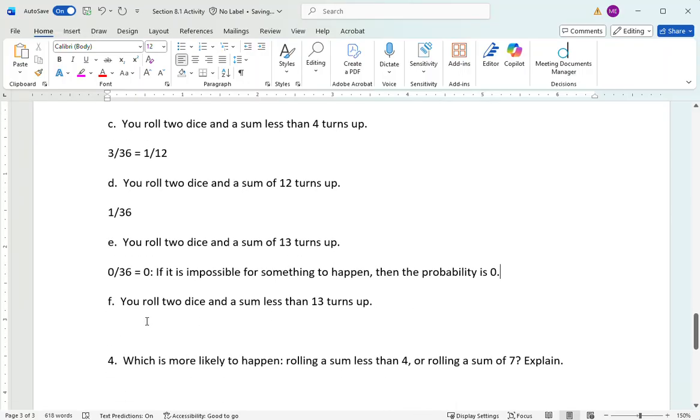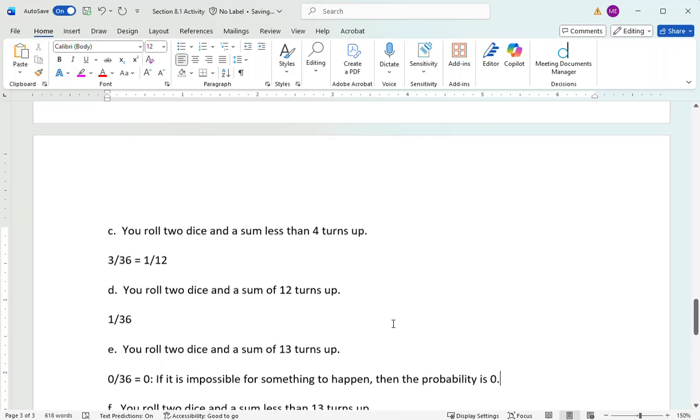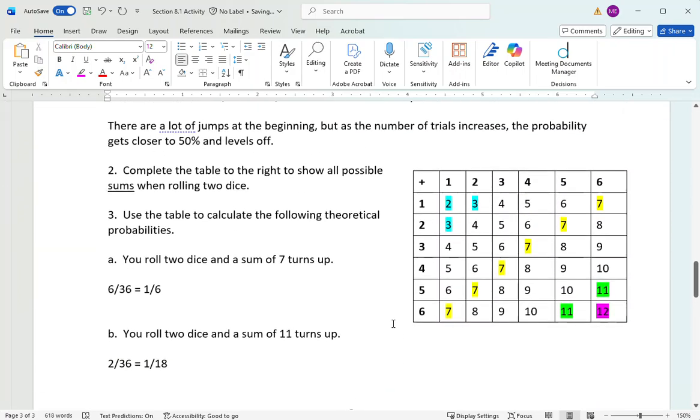The next question says you roll 2 dice and a sum less than 13 turns up. So again, given that these are our standard dice numbered 1 through 6 and I'm only rolling 2 of them, all of my sums are going to be less than 13. So they are all going to be counted here.